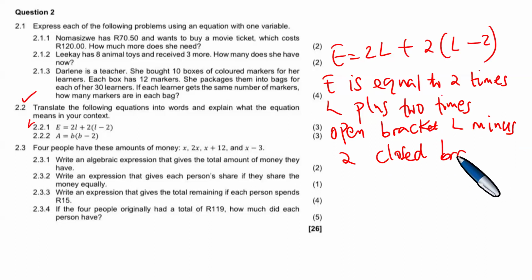There are many ways, but one way to say it is, because I want to make sure that if a person reads this, they can write the mathematical equation without seeing it exactly: E is equal to 2 times L plus 2 times open bracket L minus 2 close bracket.